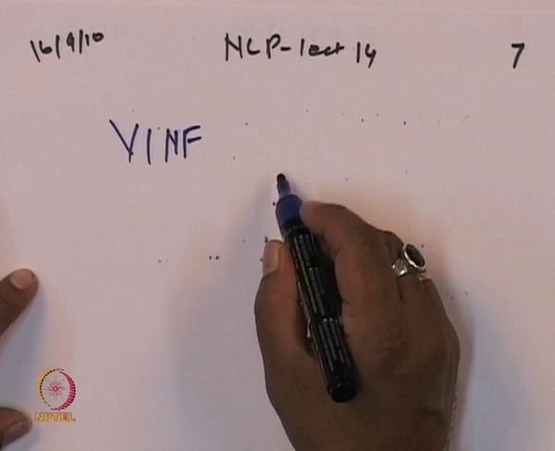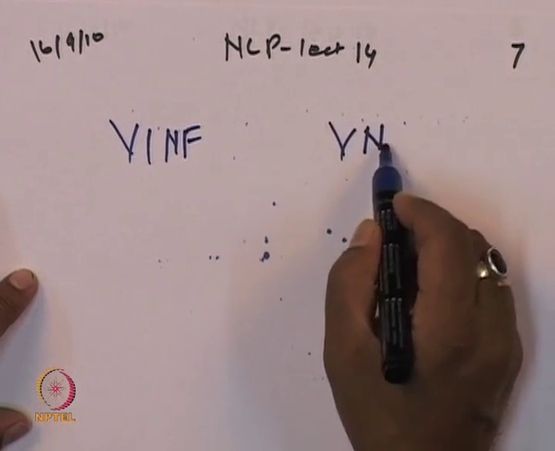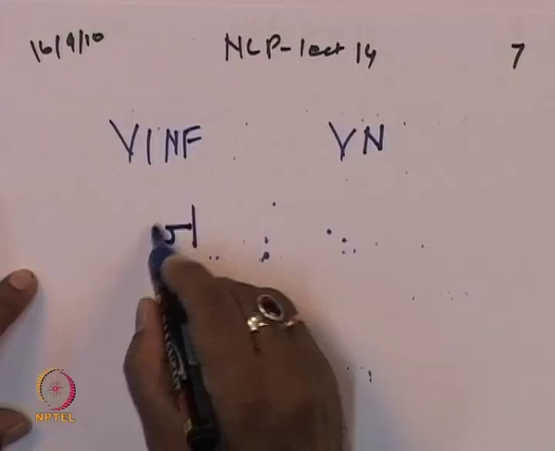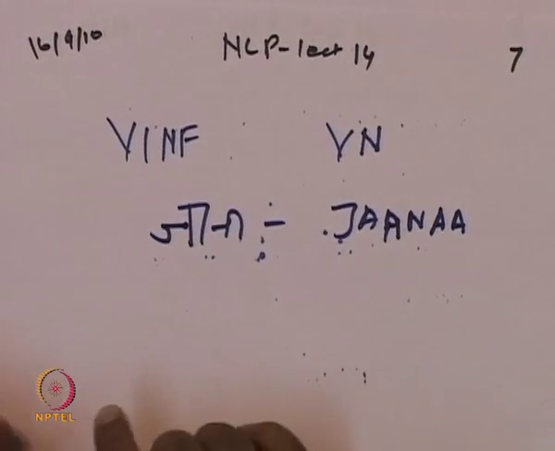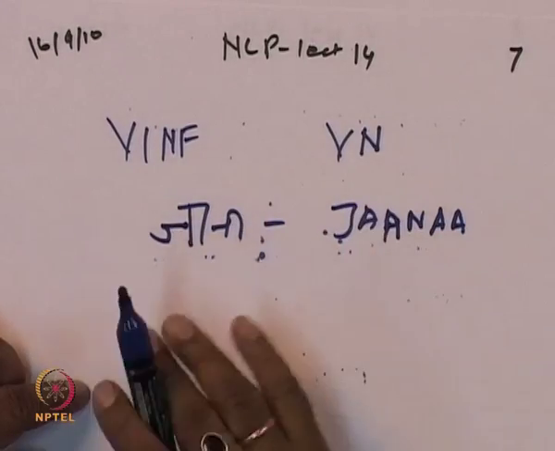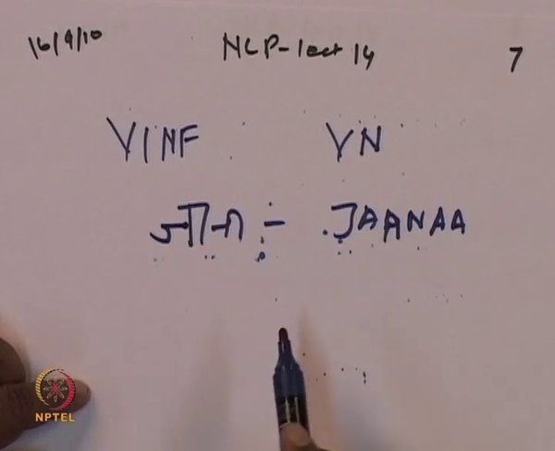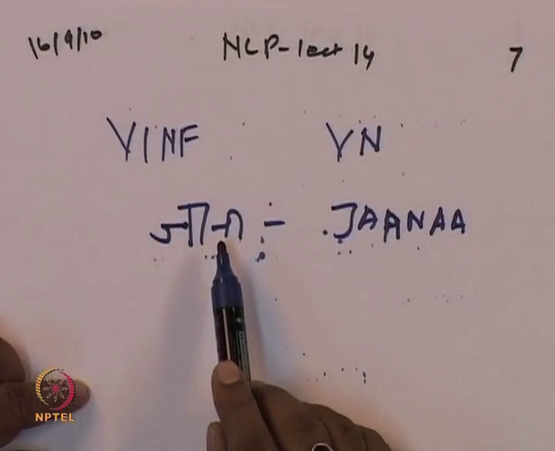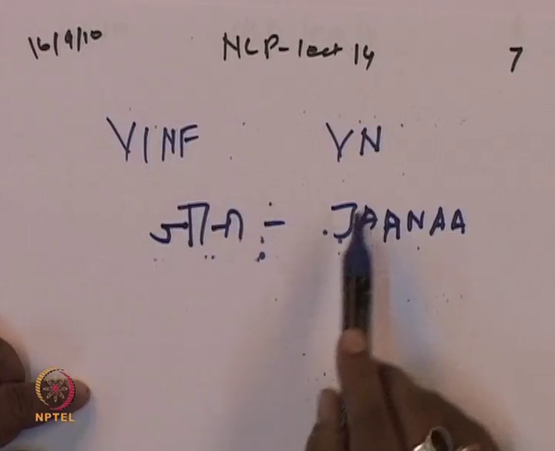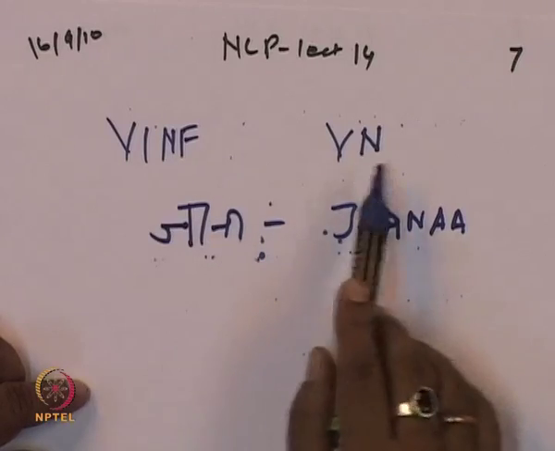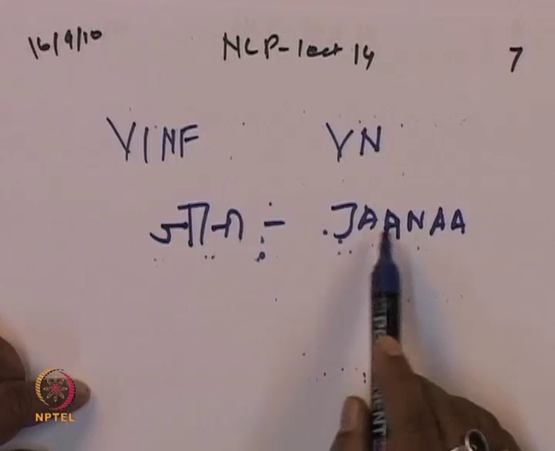We have remarked that V-inf, verb infinite, and V-n, verb nominal, are difficult to distinguish for Hindi. So, the example which was discussed was jana, and we found that it is impossible to distinguish between Vn and V-inf in the most general case. However, if a language shows a marking on the word itself for this infinitive verb and gerundial verb or nominal verb, then we can retain these 2 tags V-inf and V-n, because they can be resolved from the property of the word.